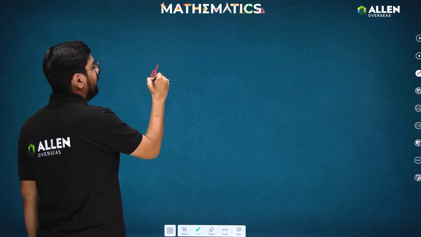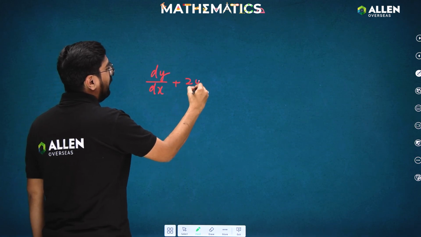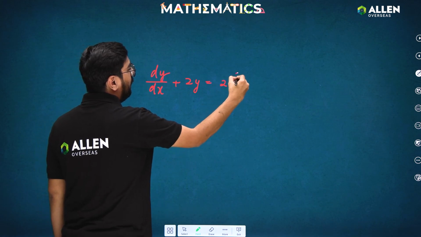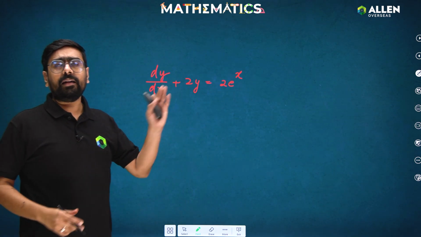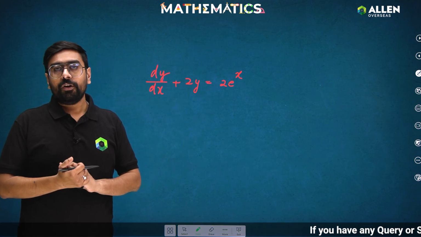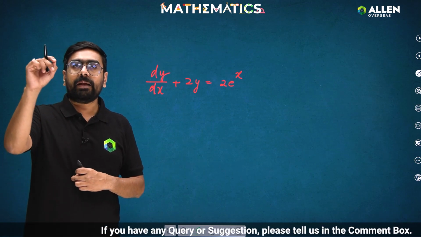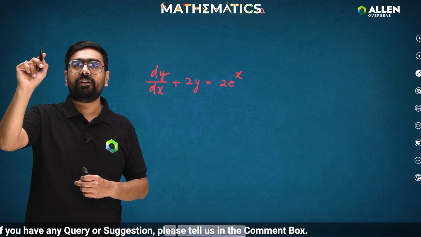Let's say we have a linear differential equation dy by dx plus 2y is equal to 2e to the power x. This is our linear differential equation. Now we want to write the general solution of this equation. So there is something called the integrating factor, right? Which we multiplied both the sides with, e to the power of integral of p dx.